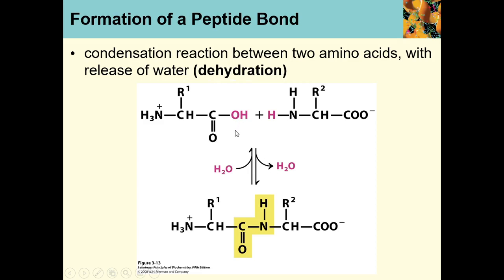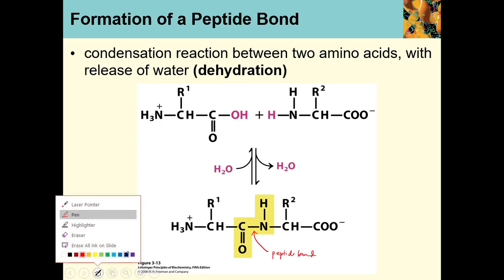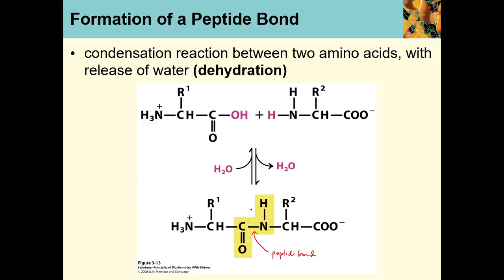So where is now your peptide bond? The peptide bond here is the bond between your C and N. This is your peptide bond. Peptide bonds are also called amide bonds. Why? Because in your organic chemistry, you should remember that when you have your C double bond O, N, and N can be bonded to either carbon or hydrogens, this functional group is called an amide bond.